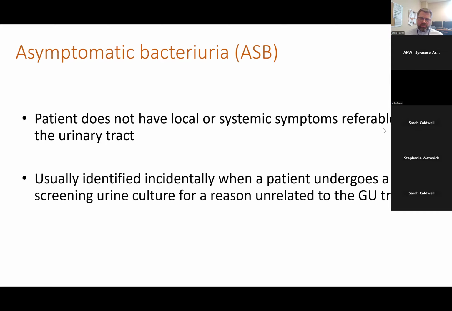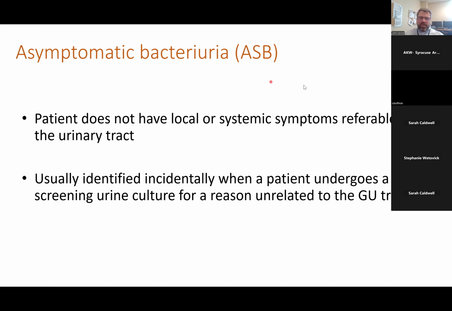If you're going to treat for a urinary tract infection, ideally they would have urinary tract symptoms. Now, sometimes it's hard if the patient can't really tell you, or they have a lot going on. But the best thing is to try and see, do they have symptoms? Is this something that's causing a problem or not?